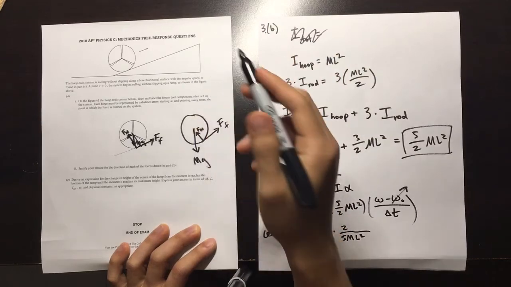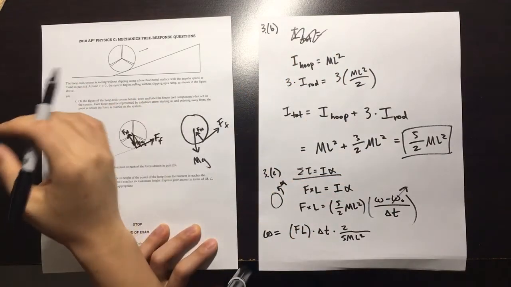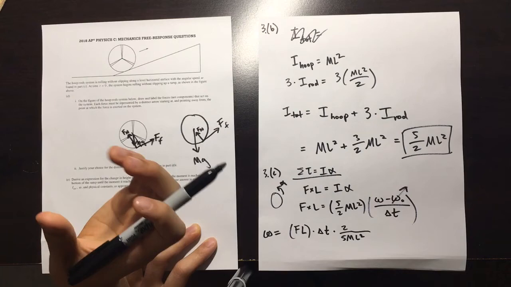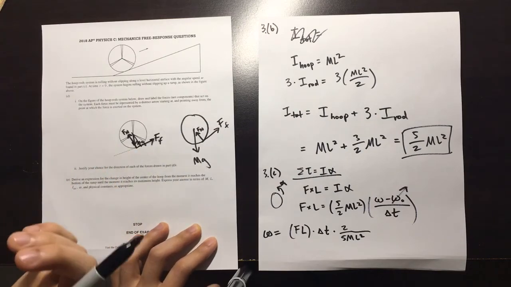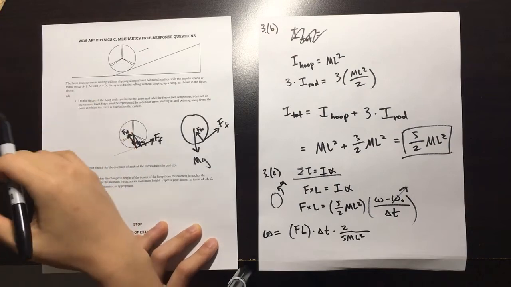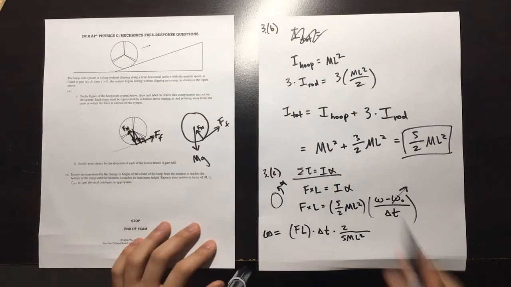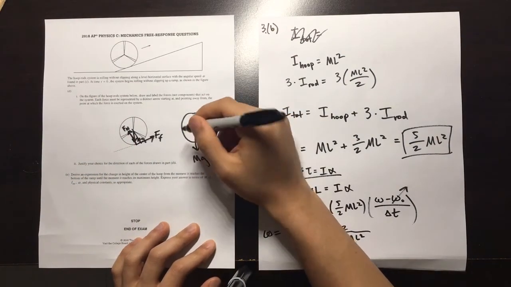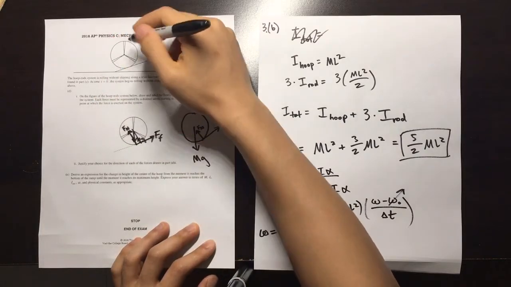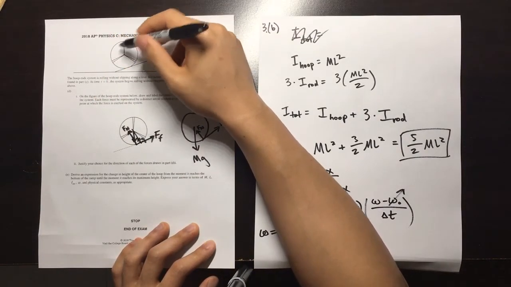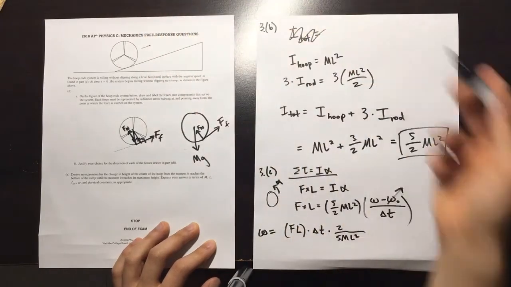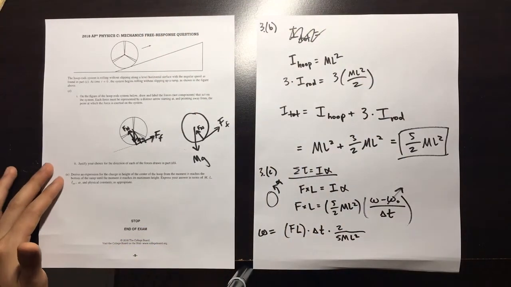So that means the net torque on it must be causing the system to head towards a counterclockwise direction, if that makes sense. If the force of friction was the other direction, this little hoop would be going faster and faster.